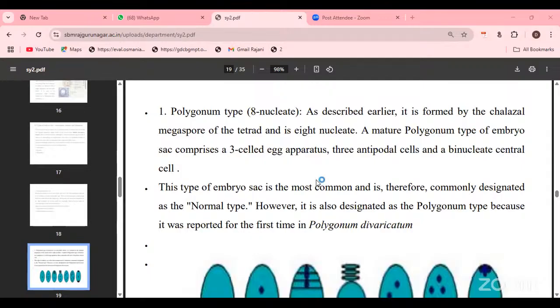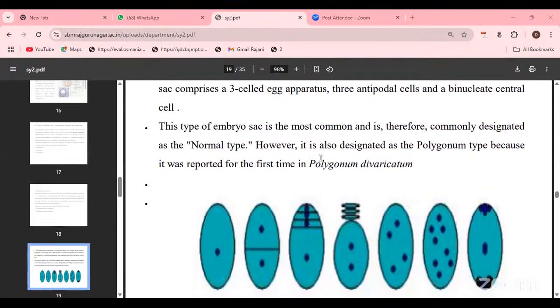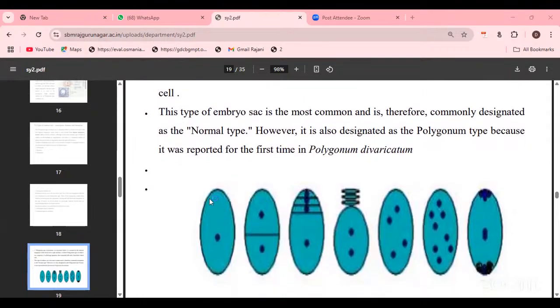A mature polygonum type of embryo sac comprises a three-celled egg apparatus, three antipodal cells, and a binucleated central cell. See, this one is the polygonum.